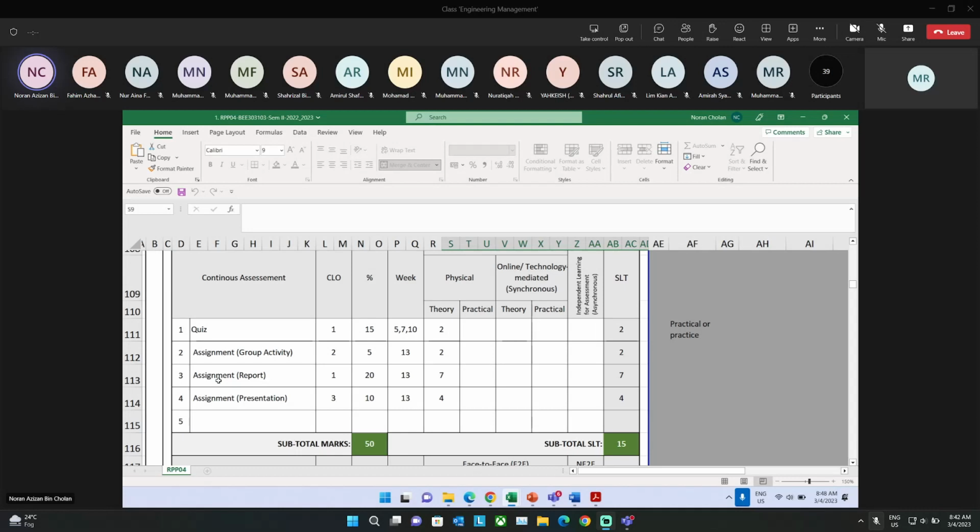The lesson plan calls it an assignment, but to me it is like a project. It is group activity 5%, report 20%, and presentation 10%. So this is one big group project.